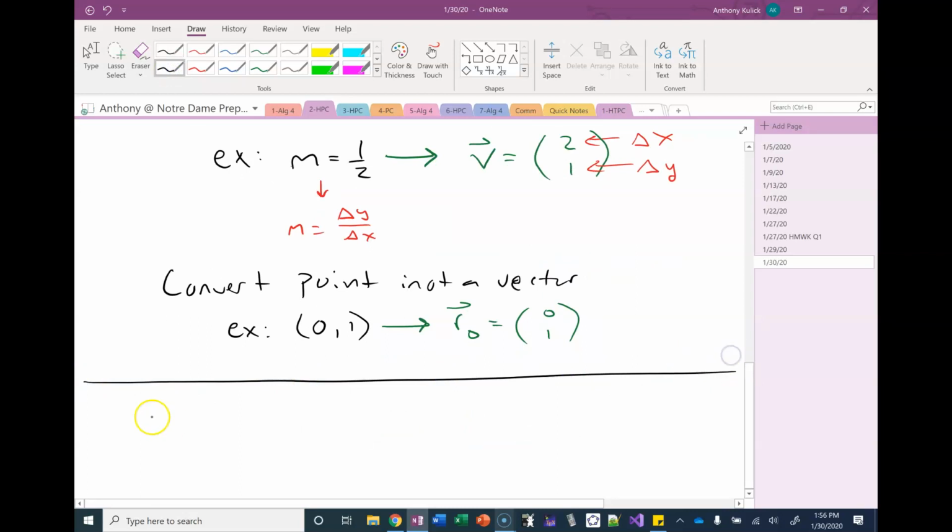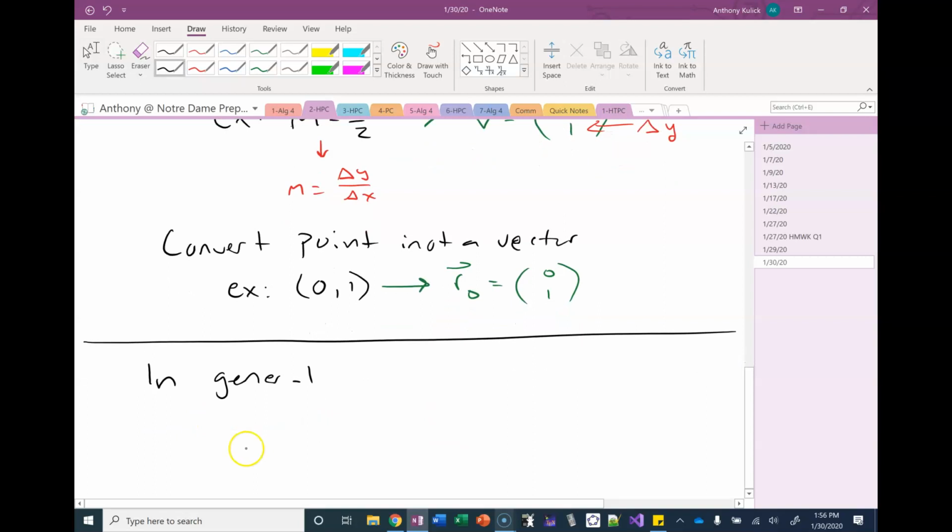So, in general, our vector equation is the vector r is equal to the point vector r naught plus our slope vector v times some parameter t.